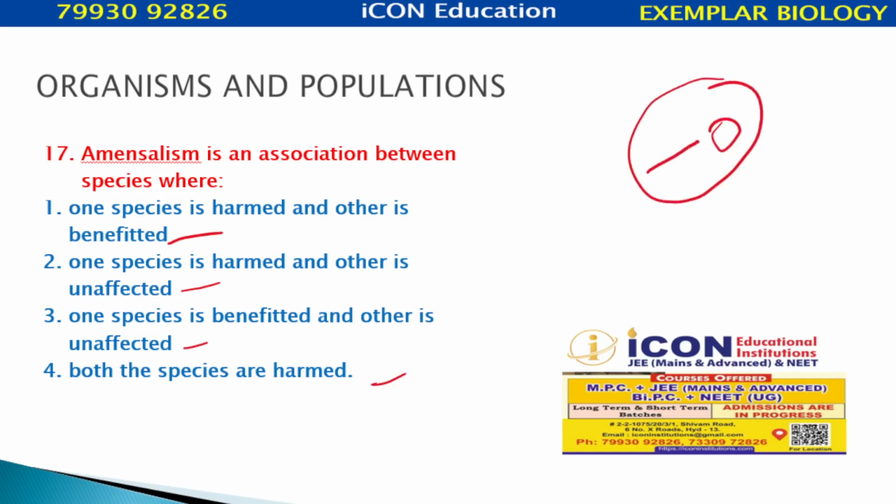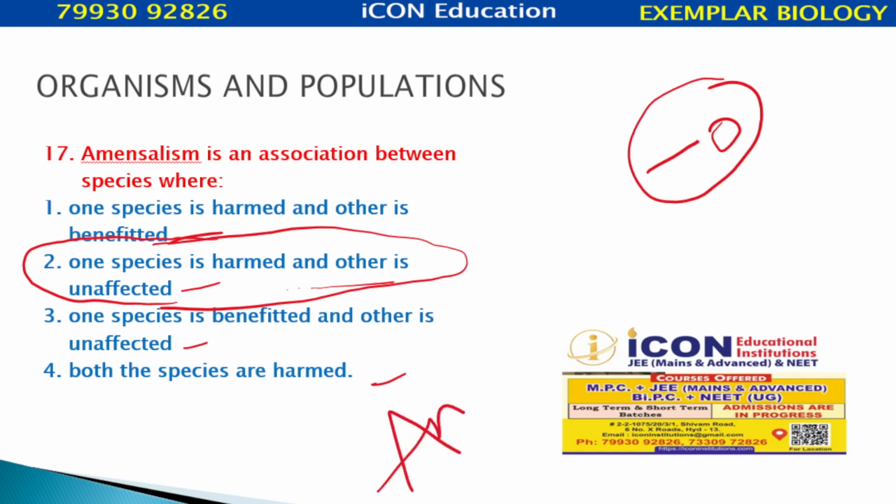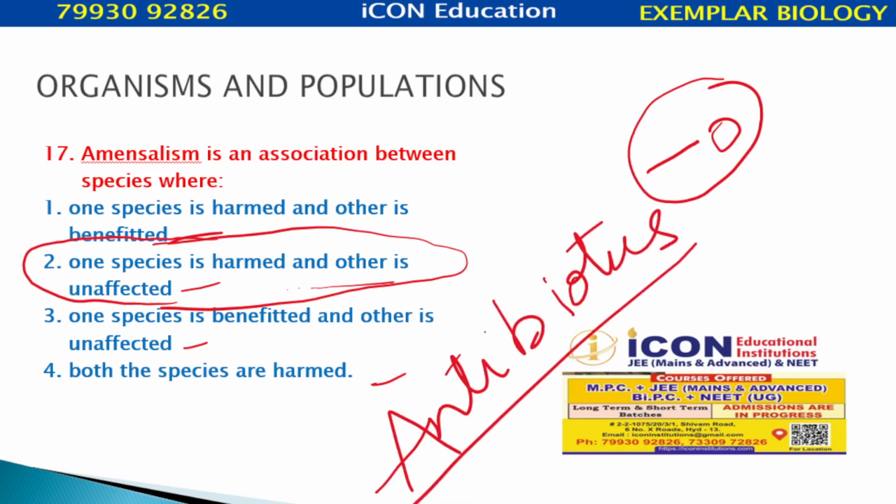Amensalism we can show with the symbol minus, 0. So one species is harmed and other is unaffected. An example for this is antibiotics, one of the best examples. We got a question in the NEET even. Antibiotics is the best example.